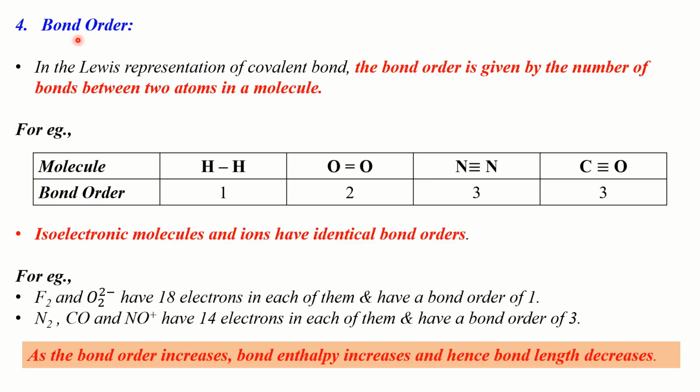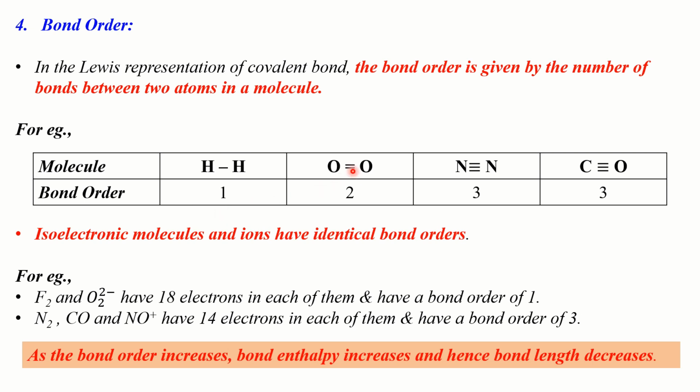Now we move on to the next bond parameter, which is bond order. Bond order is nothing but the number of bonds between 2 atoms in a molecule. For example, since there's only one bond between the 2 hydrogen atoms of a hydrogen molecule, the bond order of hydrogen molecule is 1.